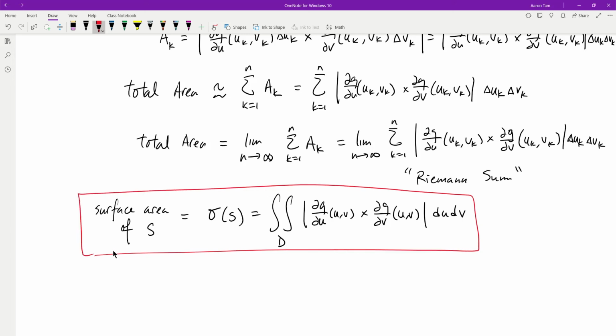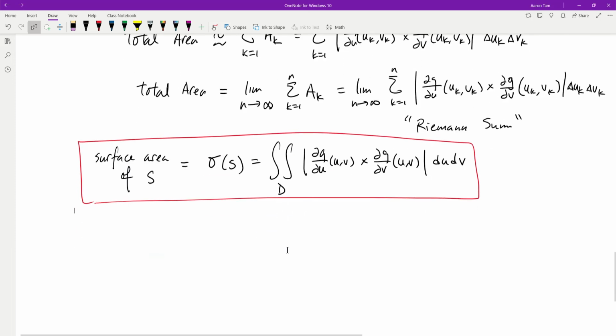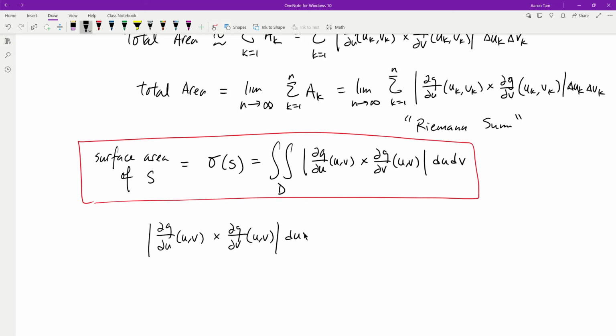That is called a surface area of the region S. Now, I know I don't have much time, so I do want to talk about two more things. In this expression right here, this part right here, du dv, is called a surface differential.